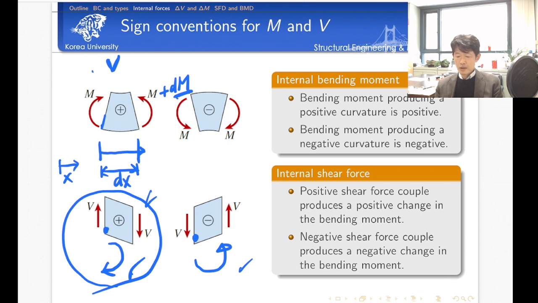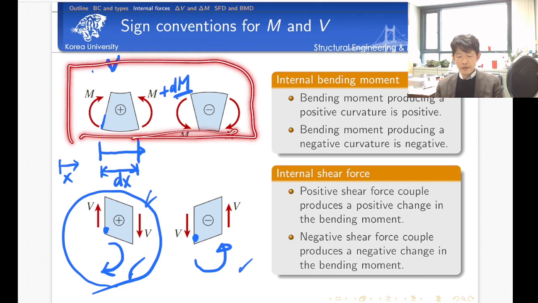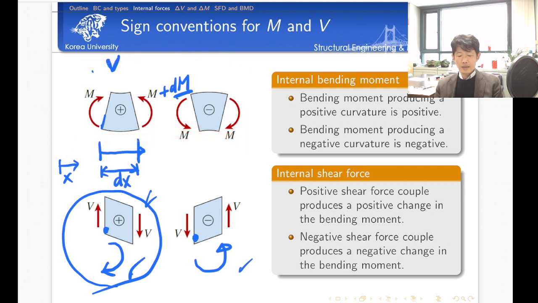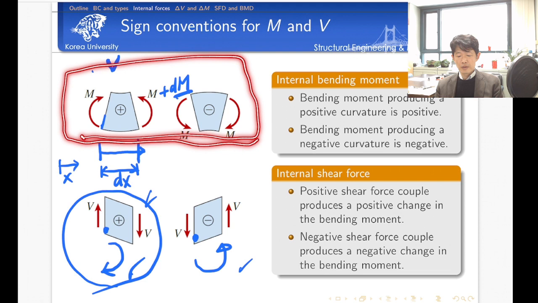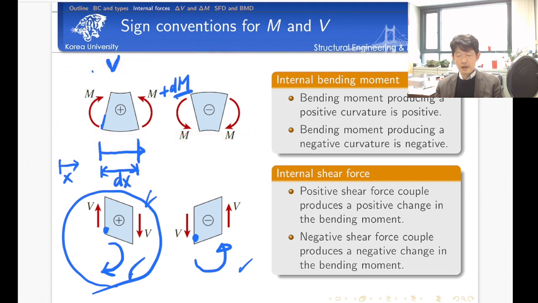The bending moment producing a positive curvature is positive, and if it produces negative curvature it is negative. As I told you, the sign convention for the shear stress was determined by the sign convention of the bending moment. We introduced the sign convention for the bending moment first, and then depending on the equilibrium of the moment field, we can determine this positive default sign convention for the shear force field.